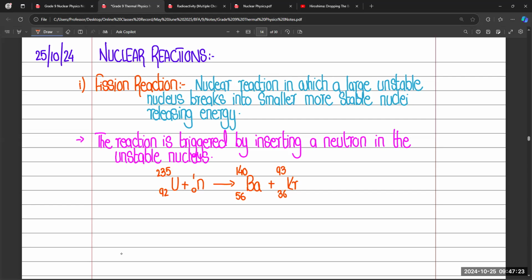Plus, now let's check this equation. Is the equation balanced or not? Because you have the number of protons and the number of neutrons. So check whether both sides are balanced or not.